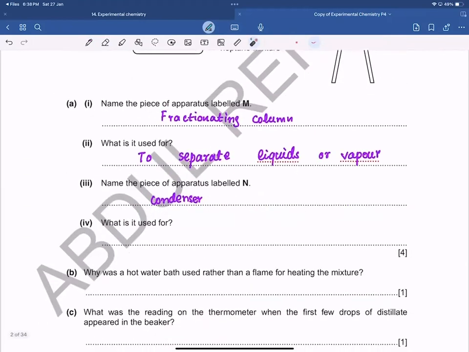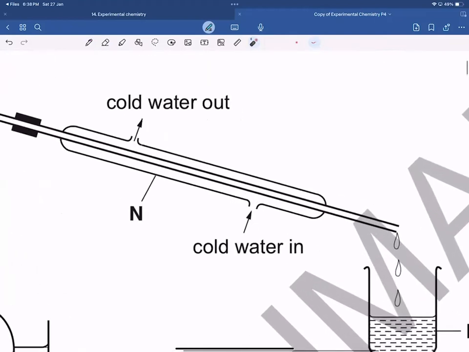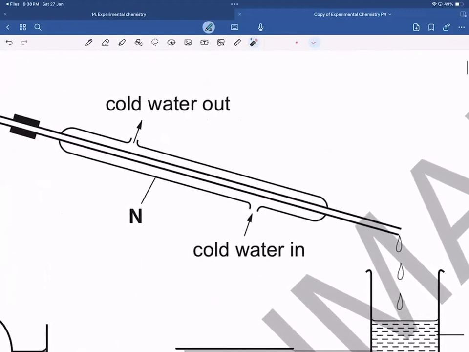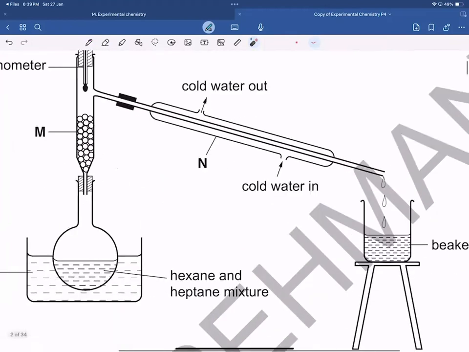What is it used for? Yes, Manahi, can you tell me why we use a condenser? To cool down the vapors, or to turn the vapors into liquid.